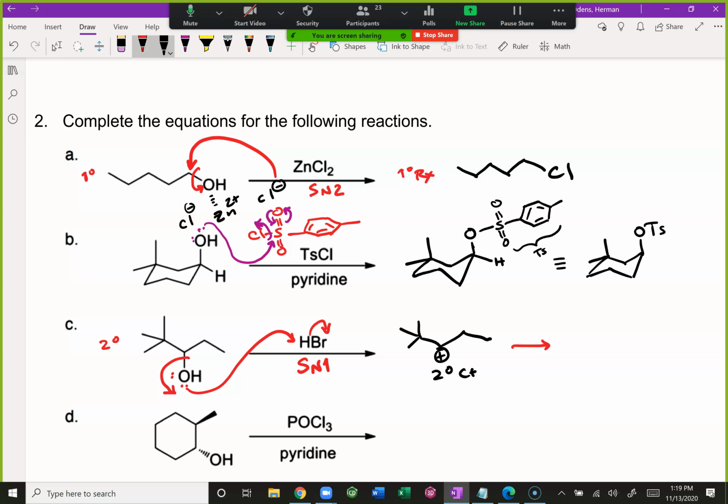So here we'll have a 1,2 methyl shift. It's the same as an alkyl shift, so let's say CH3 shift, and now we're here, right here.